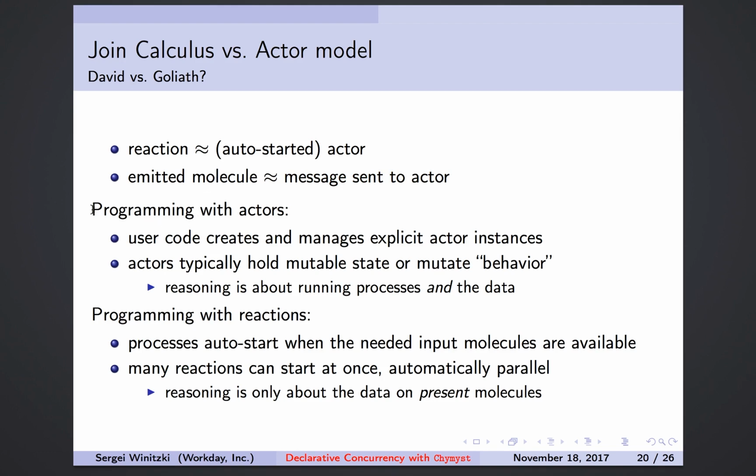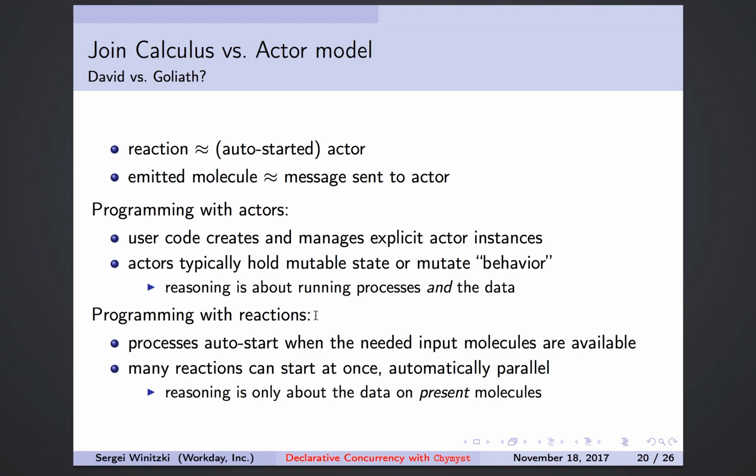So if we compare how programming looks when we program with actors versus programming with reactions in the chemical machine: with actors, the user code must create and manage explicit actor instances, and actors will typically hold mutable state or change their behavior. Therefore, the programmer has to reason about the data on messages and also about the running processes that will consume these messages.